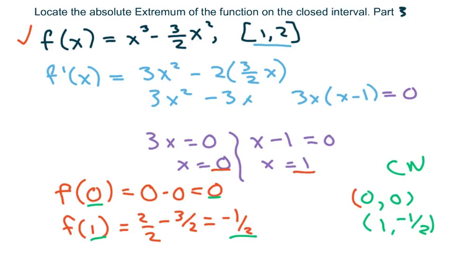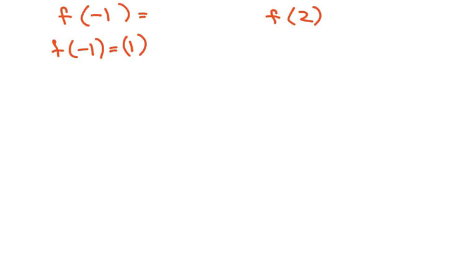Now we also have to evaluate the left endpoint and the right endpoint. So let's do that. So we're going to evaluate f of negative 1 and f of 2. F of negative 1 is going to be negative 1.